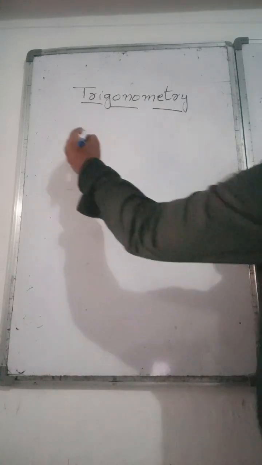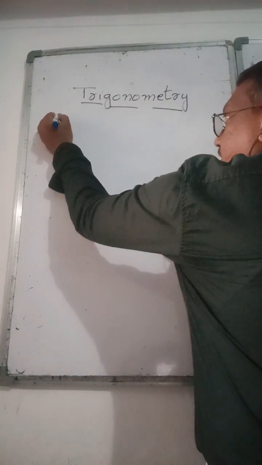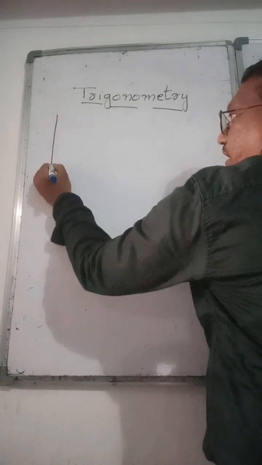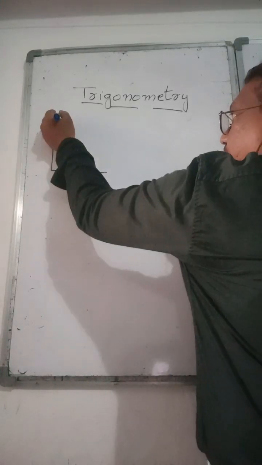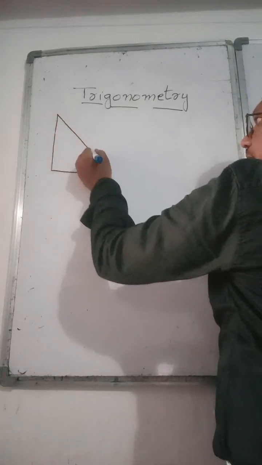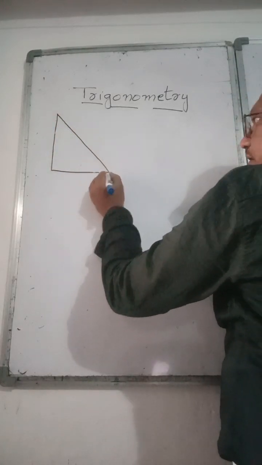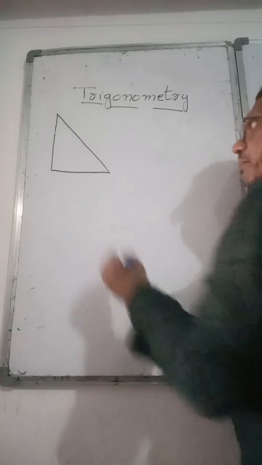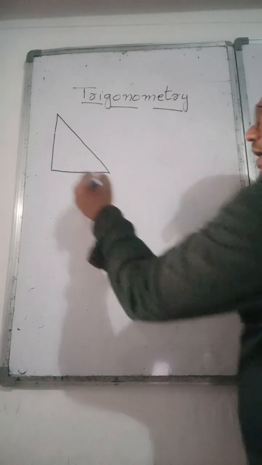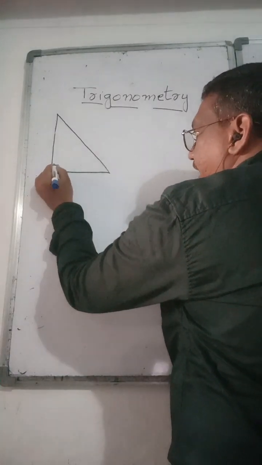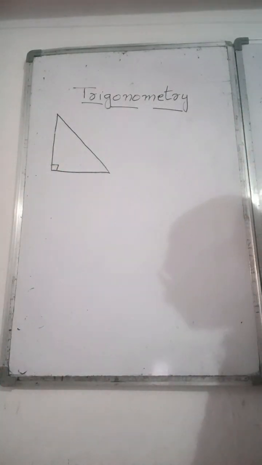So the three-cornered figure is the triangle. But here it is a special triangle in this chapter, that is a right angle triangle. In this chapter we will talk wholly about the right angle triangle.